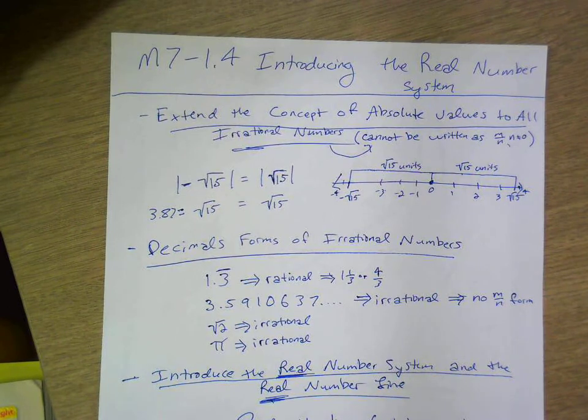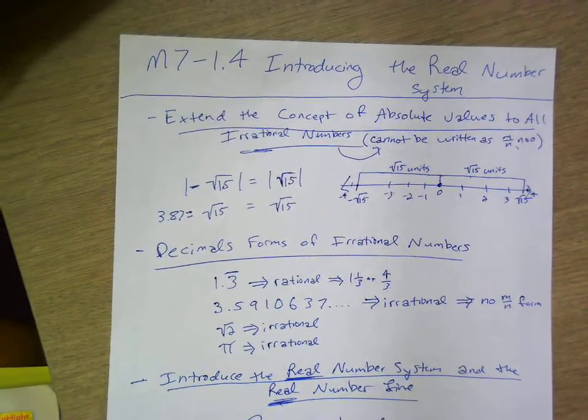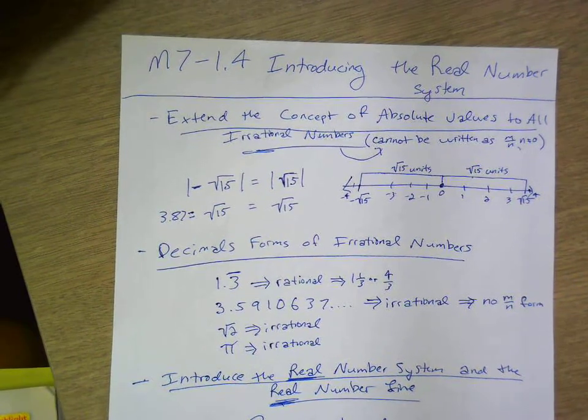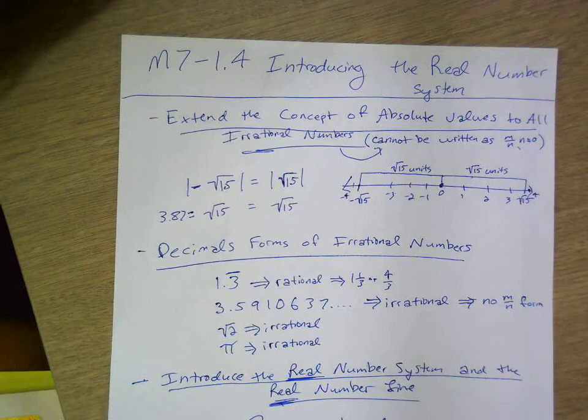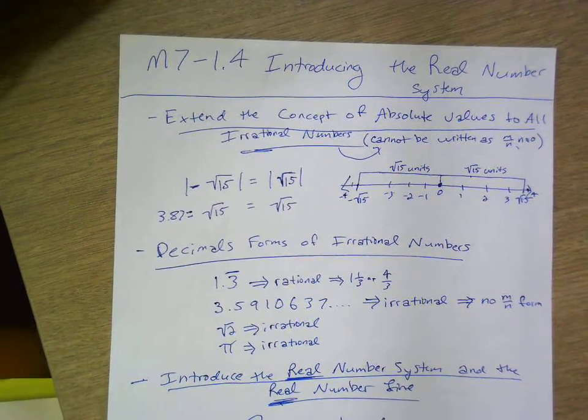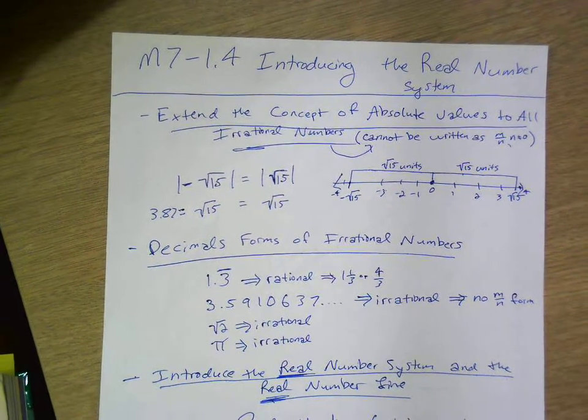Remember, we can write them as m over n, where n does not equal 0. And we have irrational numbers. They cannot be written as m over n. Cannot be.